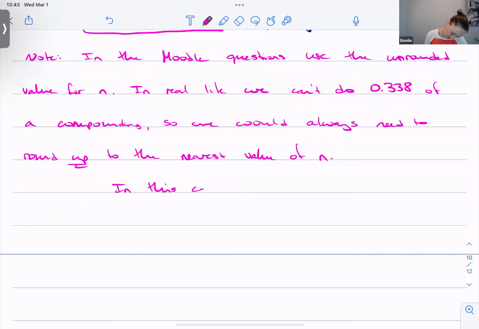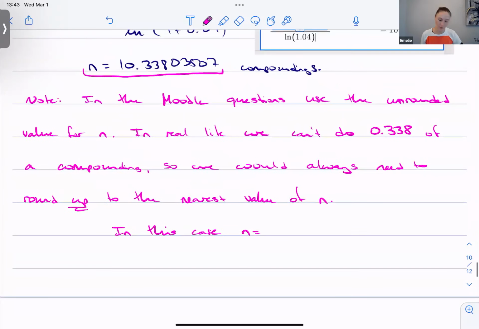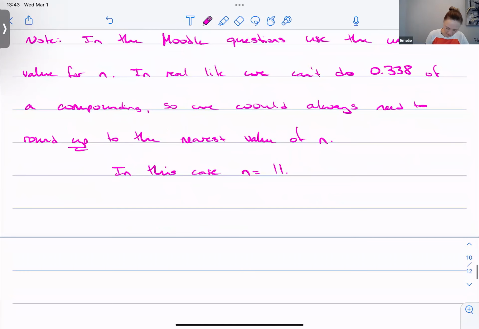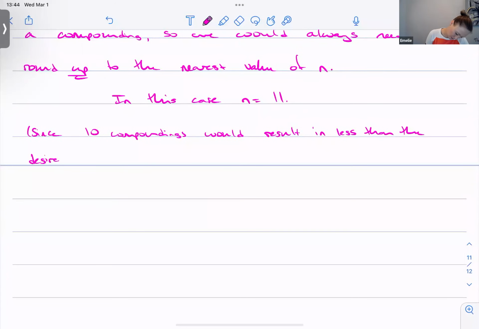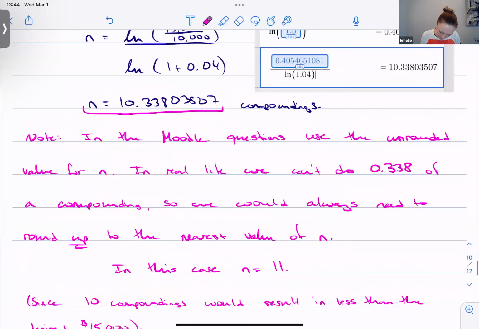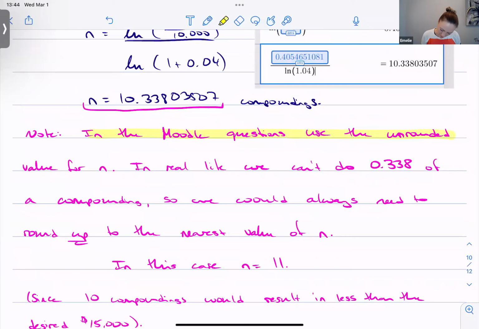In this case, n is 10.338, which has to go to 11, since 10 compoundings would result in less than the desired $15,000. That's the problem. But in the Moodle questions, use the unrounded value for n.